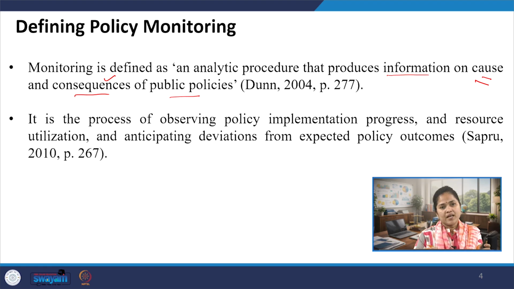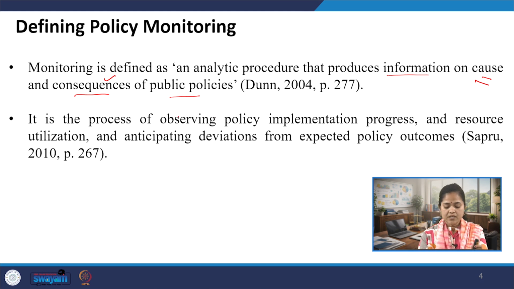Okay. So likewise we can take another definition given by R.K. Sapru. What is policy monitoring according to him? He opines that policy monitoring is a process of observing the policy implementation progress, or policy development we can say.